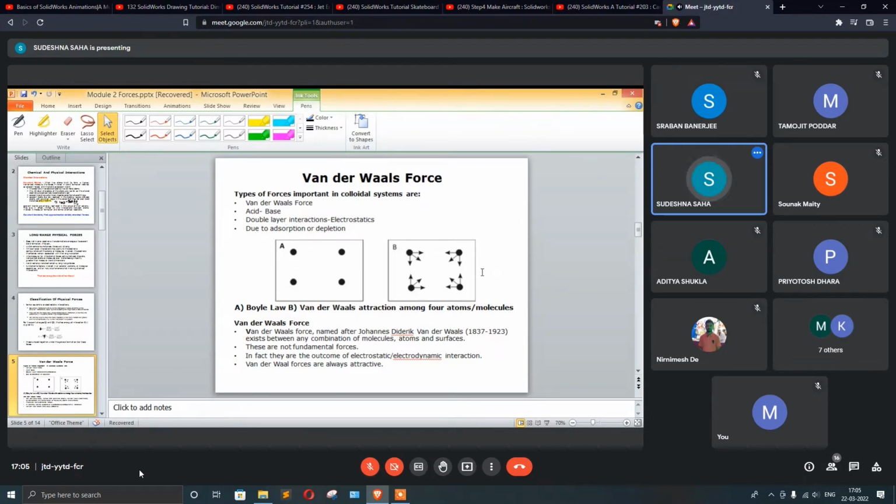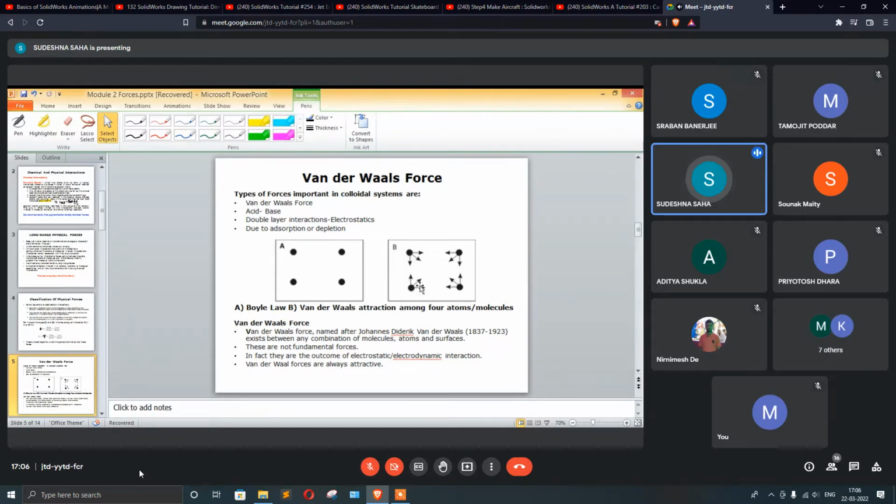So obviously, all of us know about Boyle's law. It says that at a certain temperature, pressure and volume are inversely proportional to each other. And it doesn't deal with the forces that are acting on the molecules.